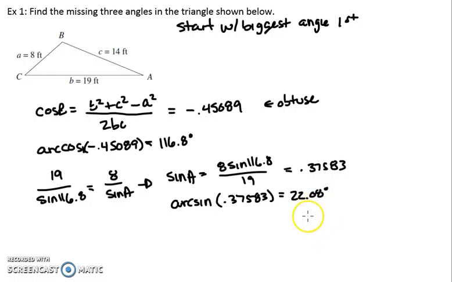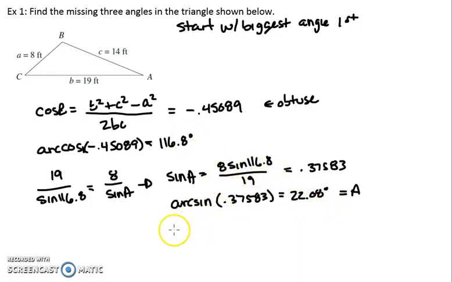Now, on the law of sines problems, we had to say that A could be 22.08, but A could also be 180 minus 22.08, and that could potentially give us two triangles. But since we already solved for our biggest angle, we know that this can't be an obtuse angle. So the 180 minus 22 isn't going to work, so it has to be just the 22.08.